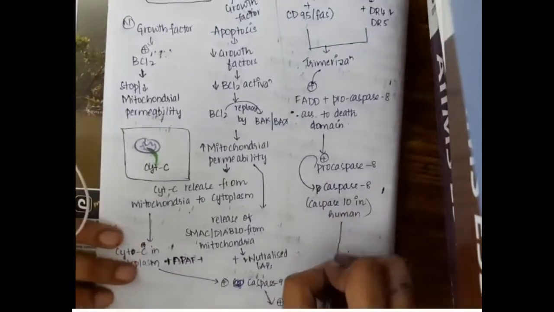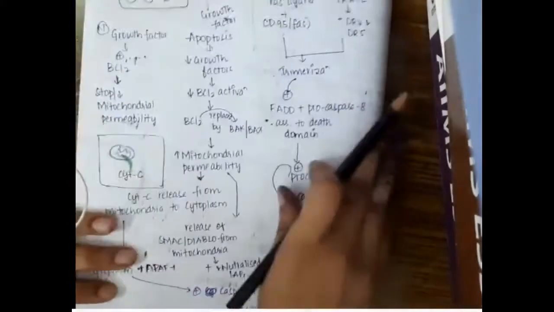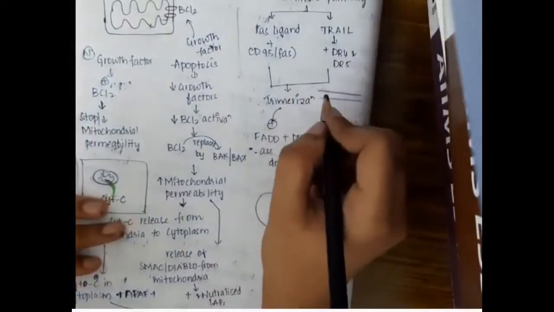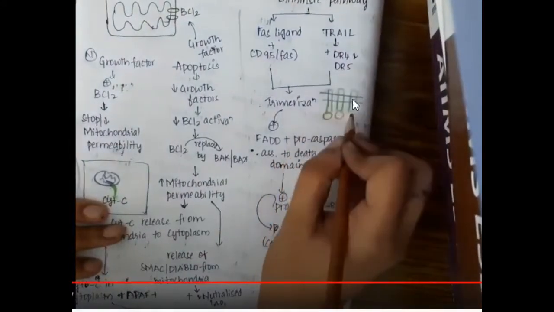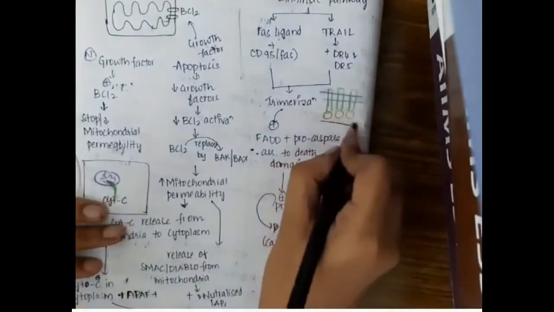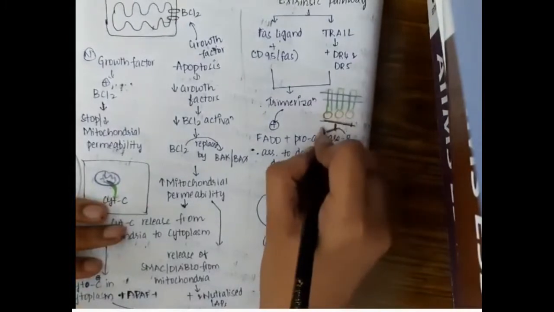So here this will activate procaspase 10 to caspase 10 in humans, which is the initiator caspase of the extrinsic pathway, which will again activate caspase 3 and 7, which are executioner caspases. So this is the trimerization, that is 3. They become thrice. Three components of Fas ligand will combine together to form trimerization, which will activate the procaspase and Fas associated death domain.